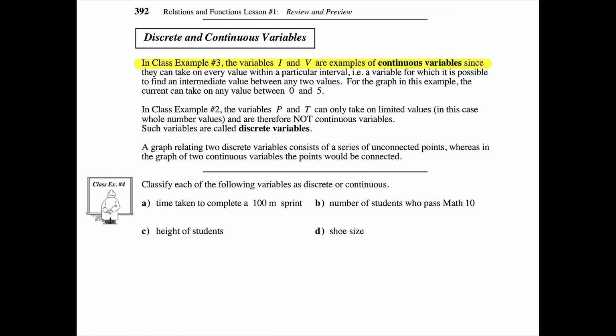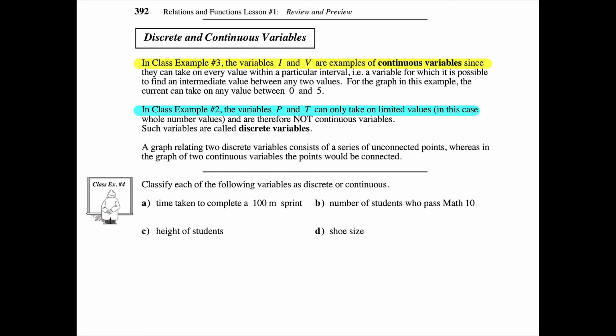Okay, so even though we only took readings at specific points, there are basically an infinite number of values that can be read or determined for each one of those variables. And it says in class example number 2, it looks like we were talking about discrete because they are not continuous.